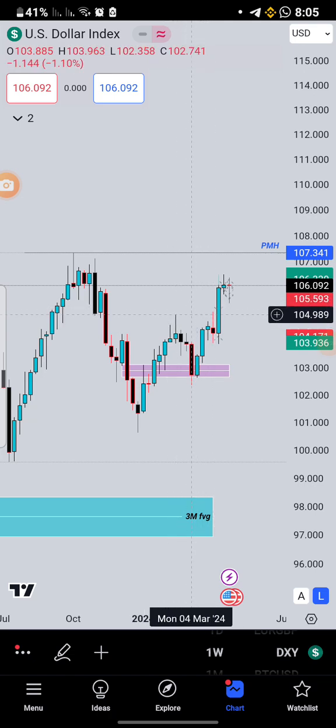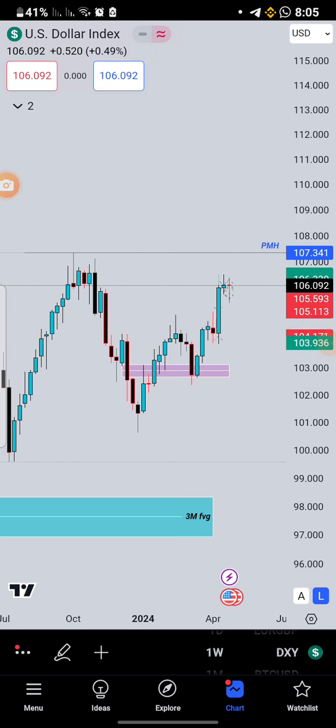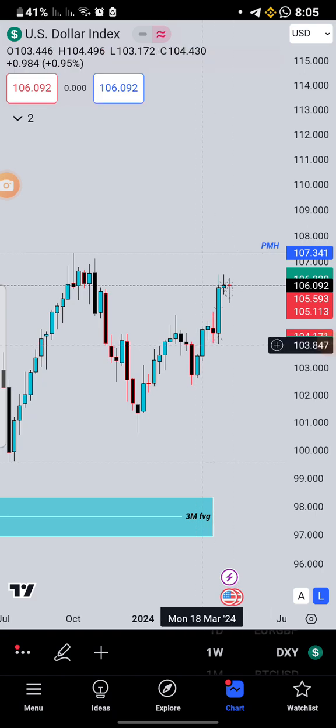This reversal also created another market structure shift, where we have this swing point, which is candle number 1, candle number 2, candle number 3, and we can see this candle closed above the swing high, creating a market structure shift. Also we are seeing this fair value gap here being used as support to support prices higher.